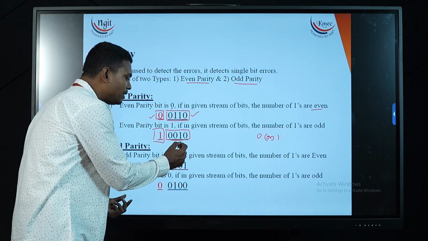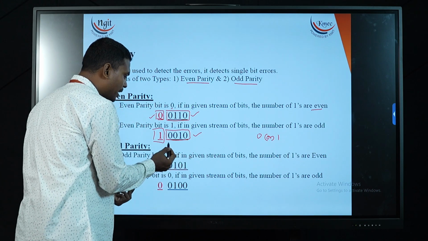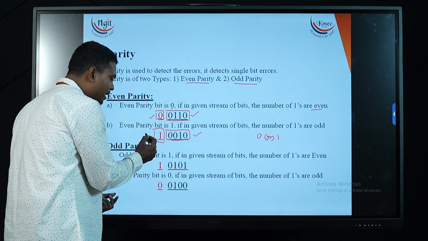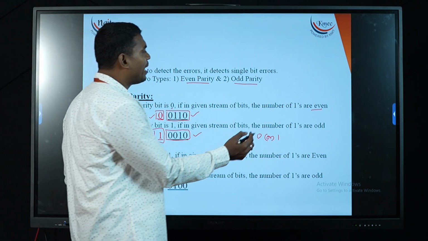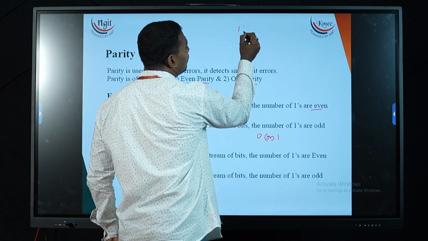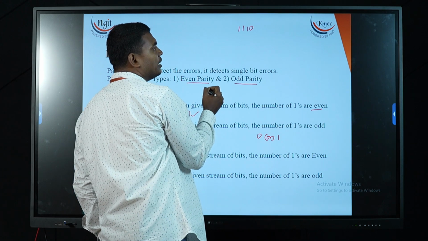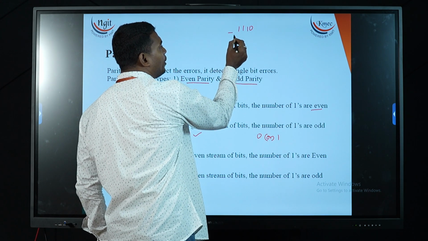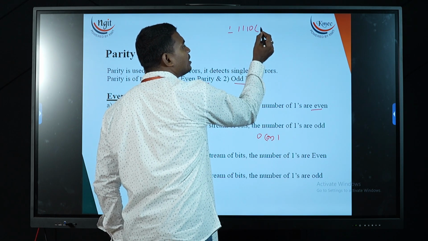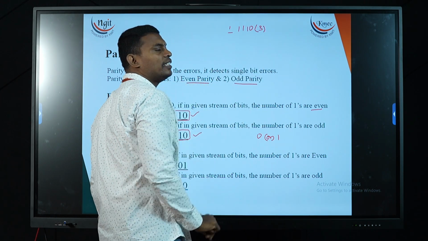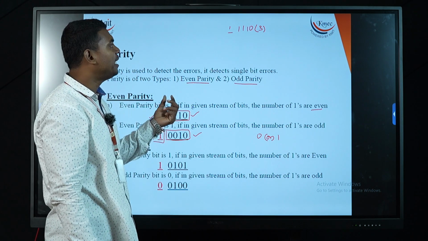When it is odd, I place my parity bit as 1. For example, if I have the number 1110, then my parity bit is going to be 1. Why? Because the number of ones in the given stream of bits is 3, that is odd. So that's the reason I am choosing my parity bit as 1.